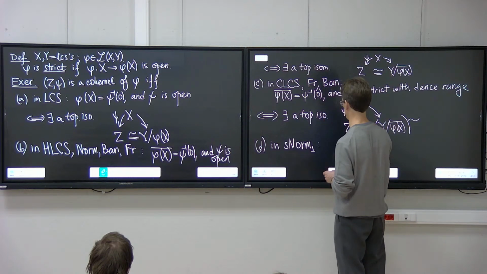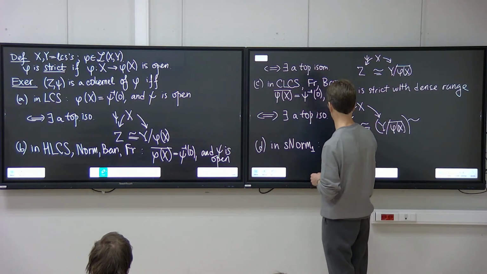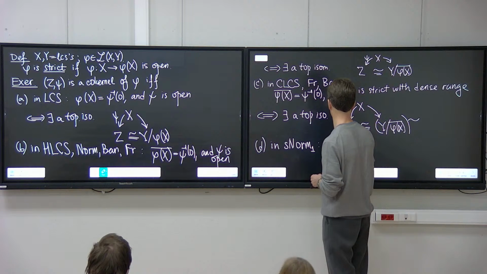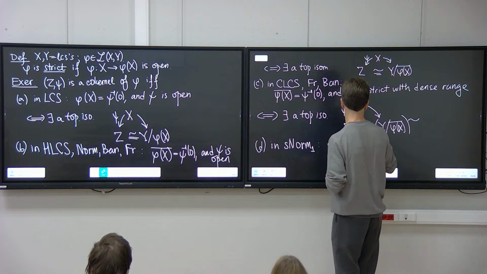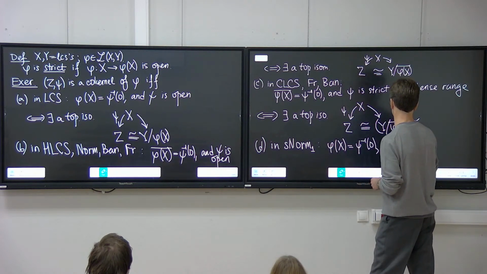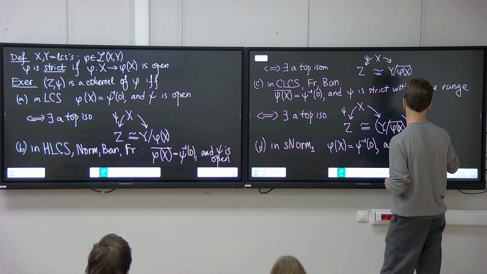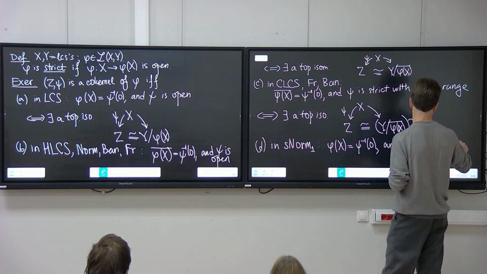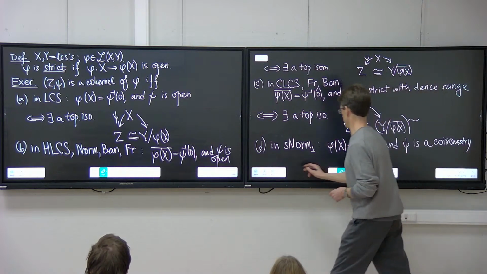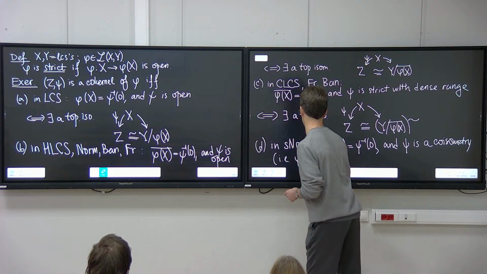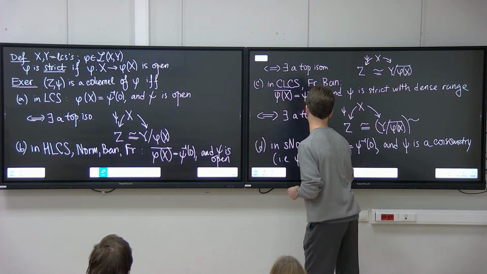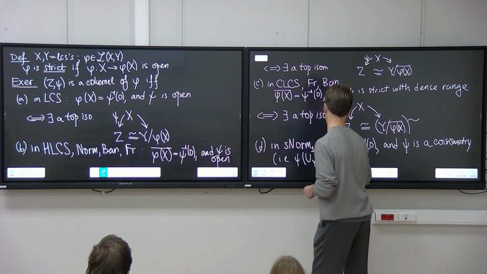Psi is a co-kernel of phi if and only if, again, phi of X equals the kernel of psi, and psi is a coisometry. A coisometry is a linear map which takes the open unit ball of Y onto the open unit ball of Z.